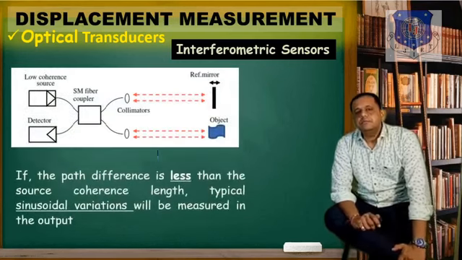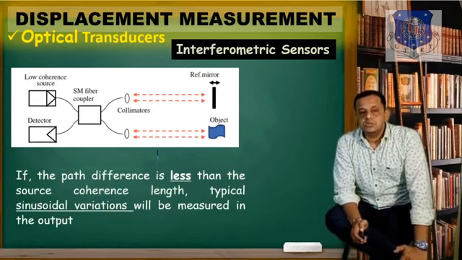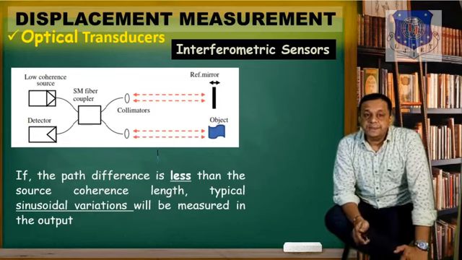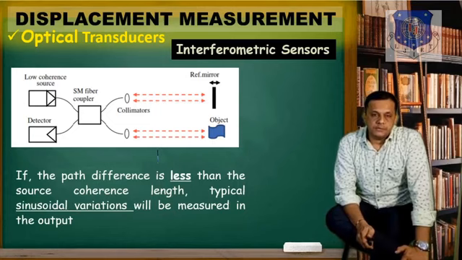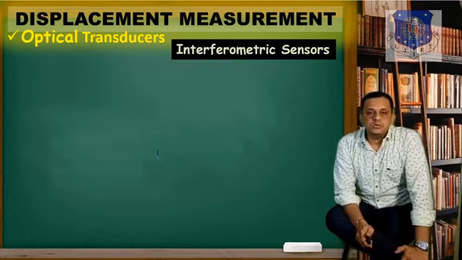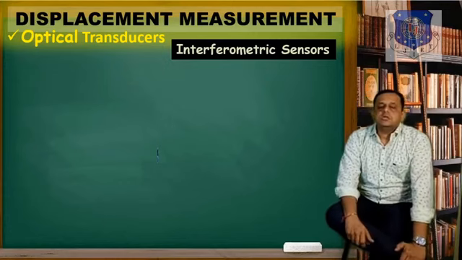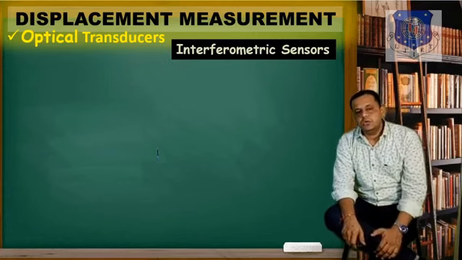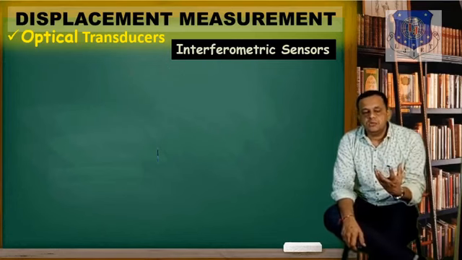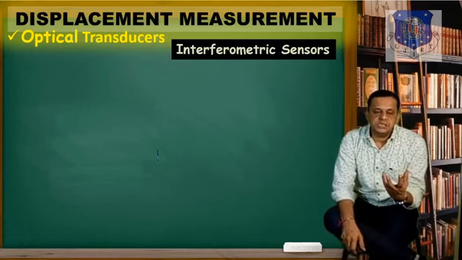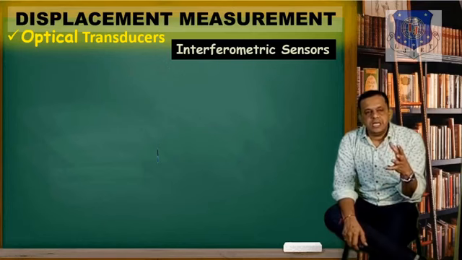And with the same arrangement, if the path difference is less than the source coherence length, a typical sinusoidal variation will be measured in the output, and this will actually tell you what the displacement change is. Basically, as I said earlier, this is not for the absolute measurement of displacement, but if the object is moving, then we have to detect the position and the change in the displacement distance, like in some medical applications.